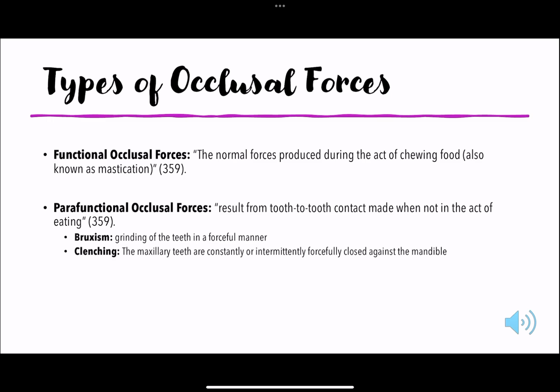And then also clenching fits in this category, which is when the maxillary teeth are constantly or intermittently forcefully closed against the mandible. These two things can actually happen due to nervousness or even when you're sleeping, and you could be completely unaware that this is actually going on. So these habits cause excessive force on the teeth and the periodontium, which can cause damage.